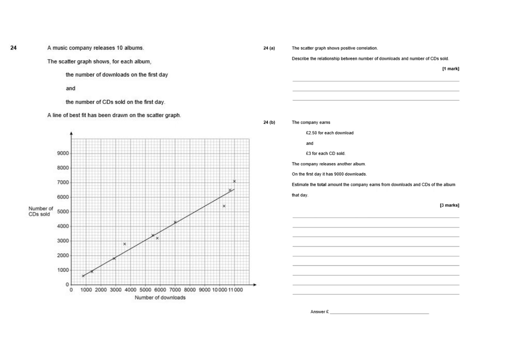So as the number of downloads increase, the CDs sold increase too. So anything that indicates as one thing goes up, the other one goes up.